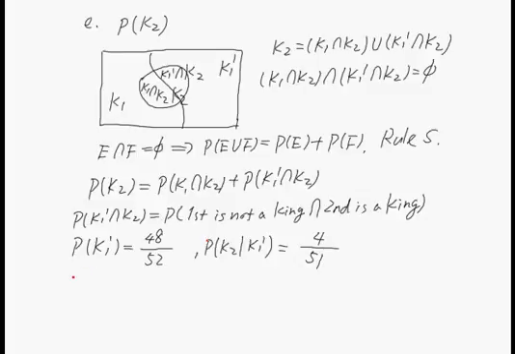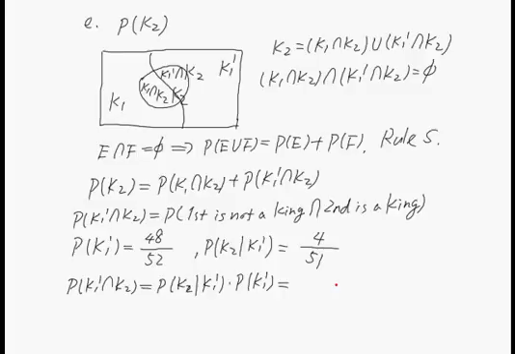Now, by the product rule, P of K1 prime intersection K2 is equal to P of K2 given K1 prime times P of K1 prime.